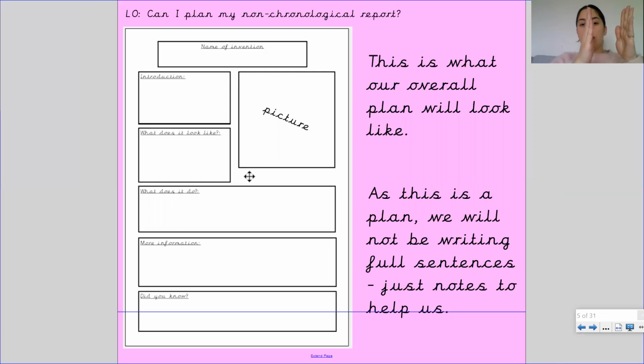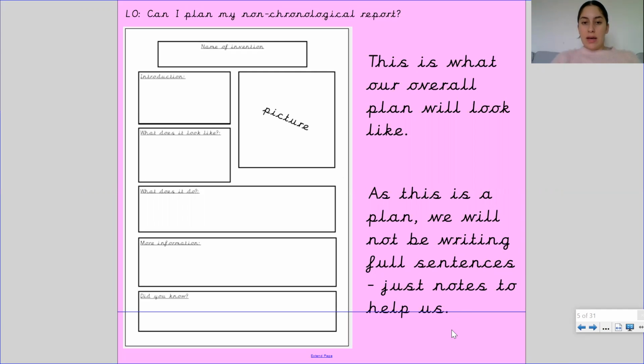We want to use about half of the page, as you can see here. So these two paragraphs, when we're writing our notes or writing our sentences, we're not going to carry on to the end of the line, because next to these two paragraphs, we want to make some space for the picture as well. So we're planning up to here.